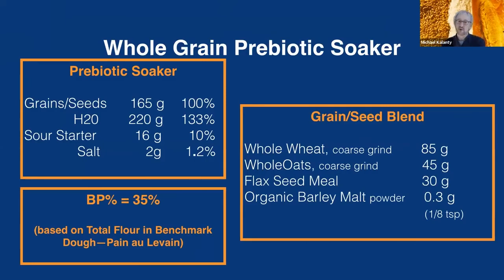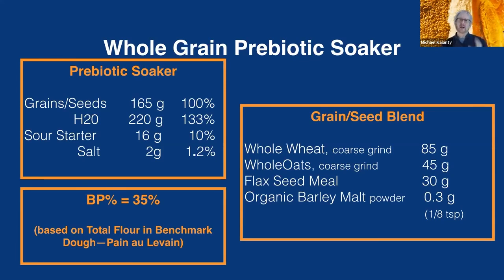And again, I just took those ingredients right off the back of the microbiome bar because they already work. So I've got my prebiotic soaker. The one thing I don't have up there is that I ferment that at room temperature, at ambient temperature, overnight. So I go about 16 hours.